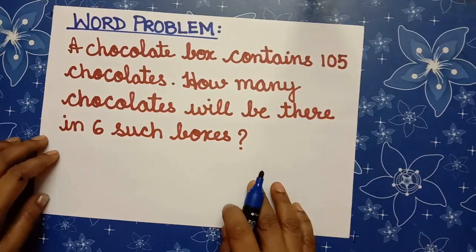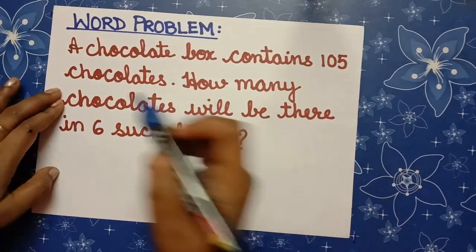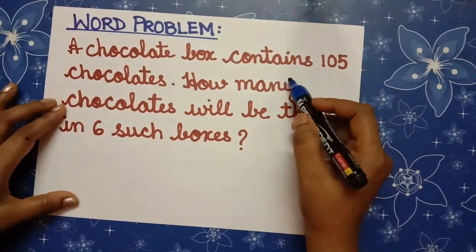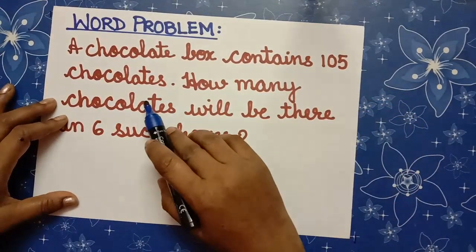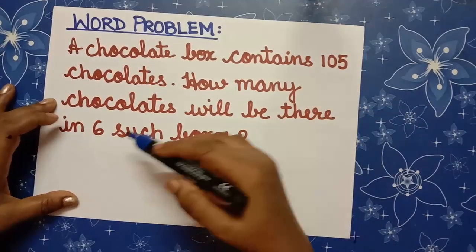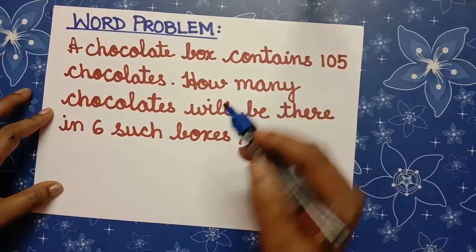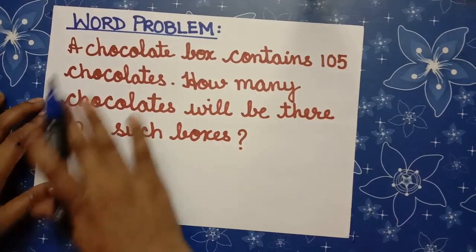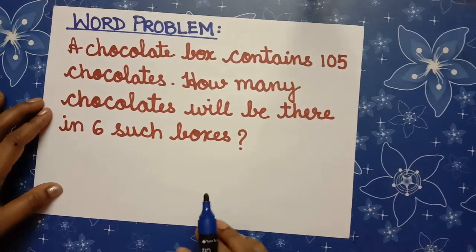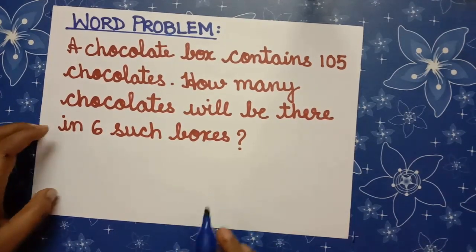Now next let's solve one multiplication word problem. A chocolate box contains 105 chocolates. How many chocolates will be there in 6 such boxes? What do we have to do? First we read the problem, understand what is given and what is to be found, and then solve the word problem.